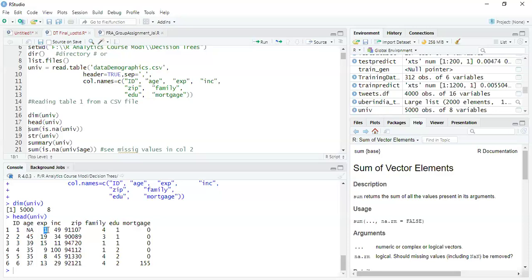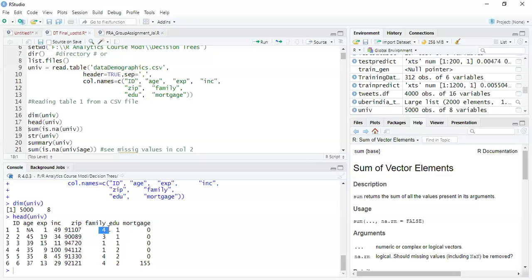Then he has an experience of 1 year. Let us say the income is in $1,000, so $49,000 is his yearly income. He lives in a place where the zip code or pin code is this.